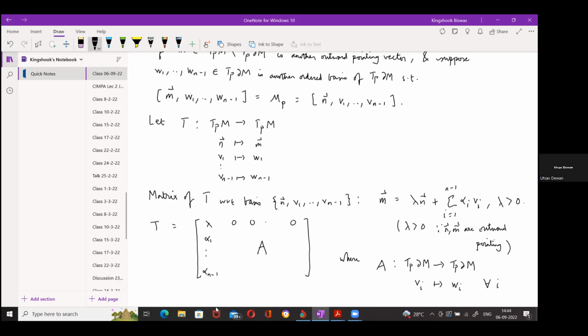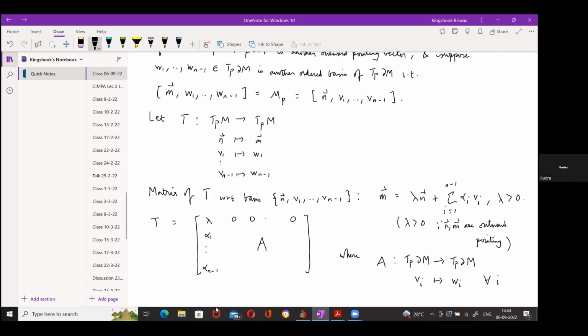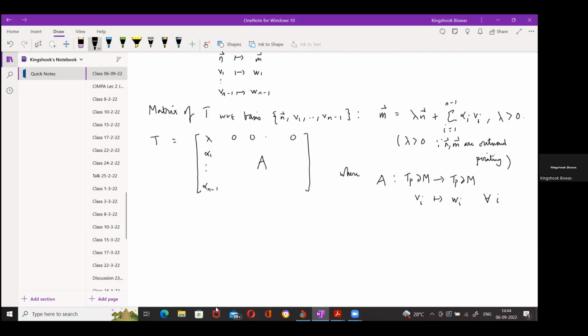Yes, sir. So now, since I'm assuming that these two bases of TPM, n, v1 to vn minus 1 and m, w1 to wn minus 1, both equal the given orientation mu P, the determinant of T is positive.